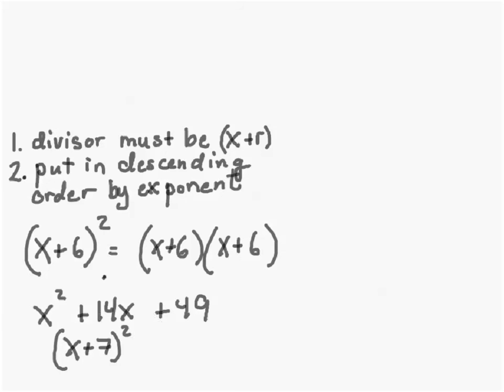So I think you understand it. Yeah. So here, let me give you one more, okay? I want you to see if you can just quickly figure it out. What if you have x squared plus 16x plus 64?